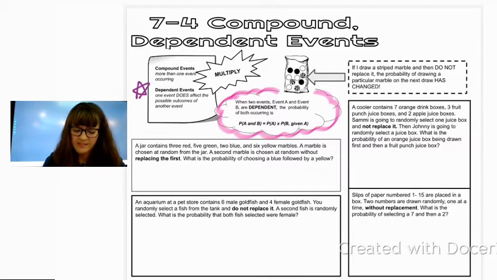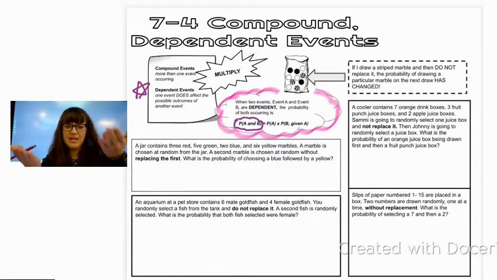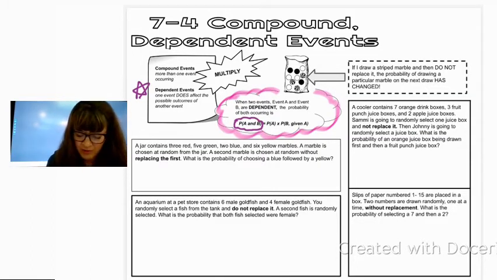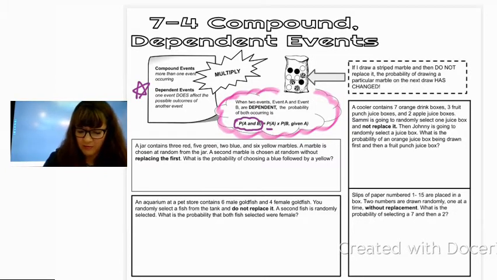So when two events, we'll call one event A and one event B, are dependent, so they affect each other, the probability of both occurring is calculated as, remember we read this as the probability of A and B, so the probability of this happening and this happening, and we'll do the probability of A times the probability of B given A. In other words, the probability of B happening given that A has already happened. So we're saying that A affected B, but we're still multiplying just like we did before.